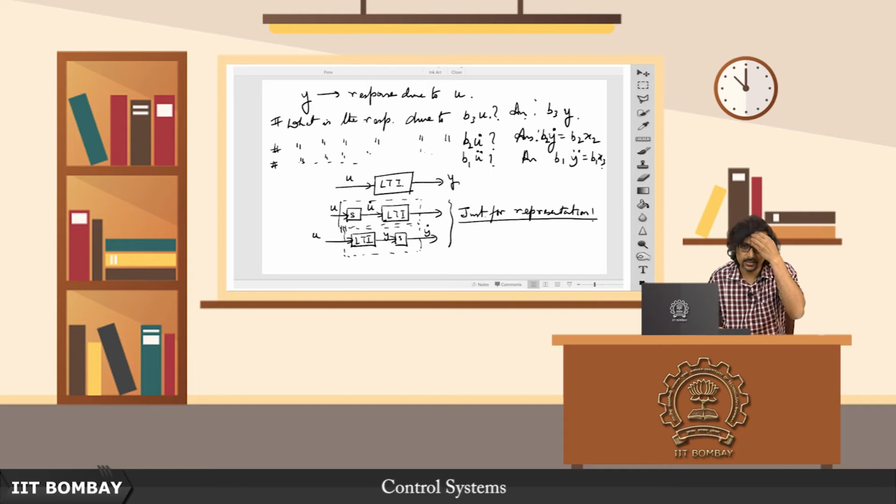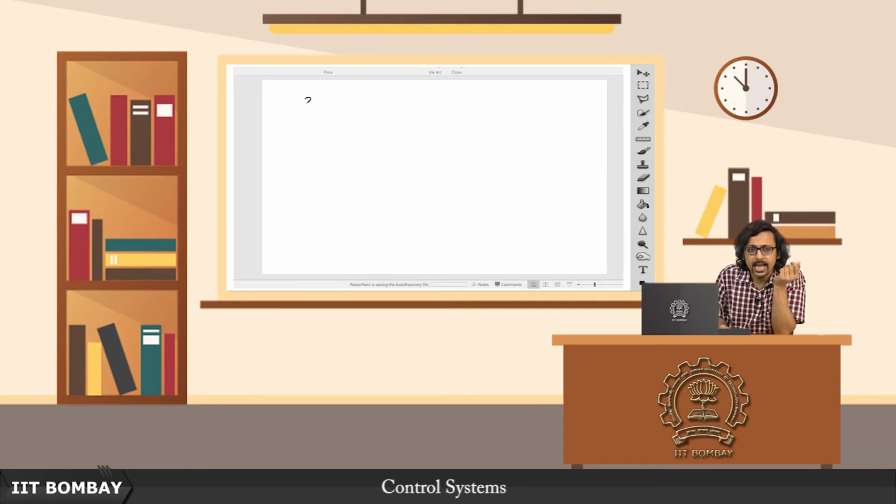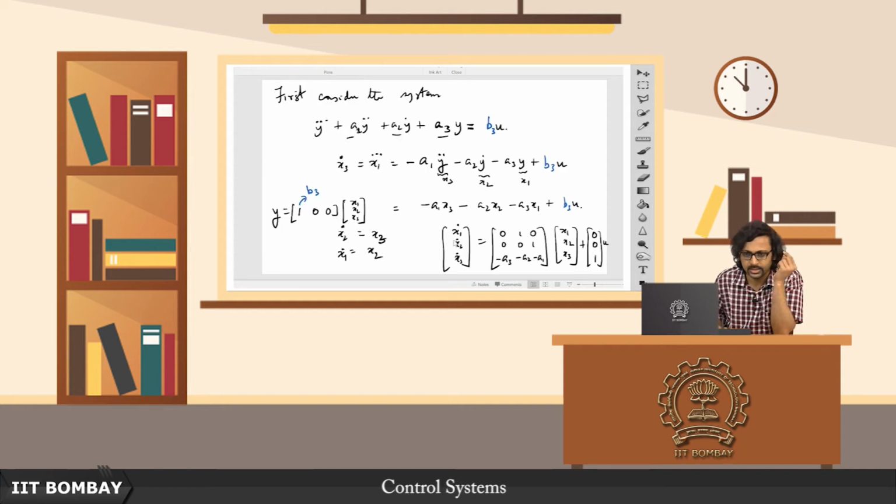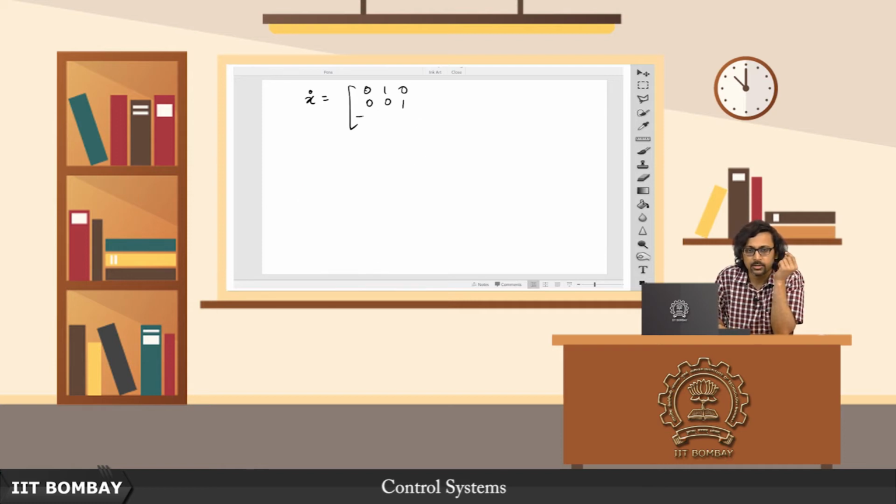So what we do is we keep this x dot part unchanged. It's going to be 0 1 0, 0 0 1, as you can see here. This same representation is going to be unchanged: minus a3, minus a2, minus a1 times x plus 0 0 1 times u.